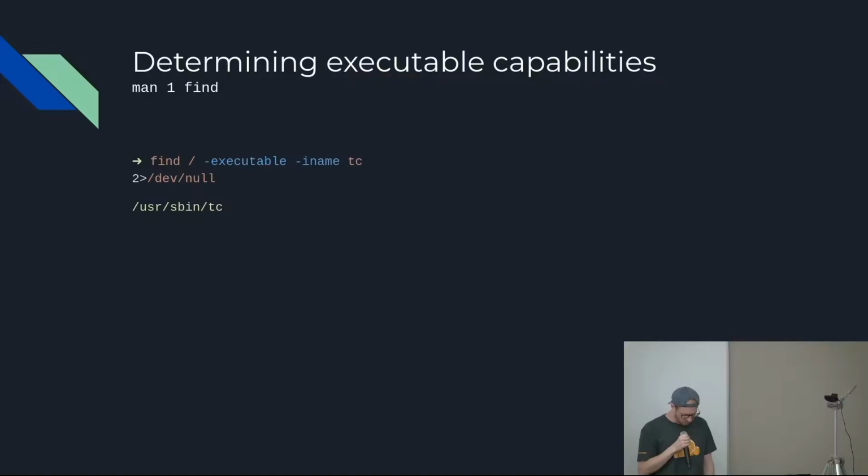So in order to figure out how we're going to get essentially root access without being root, I first need to figure out where this program is located, because technically speaking, on Debian operating systems, anything within the /usr/sbin folder is typically reserved for system level tooling.